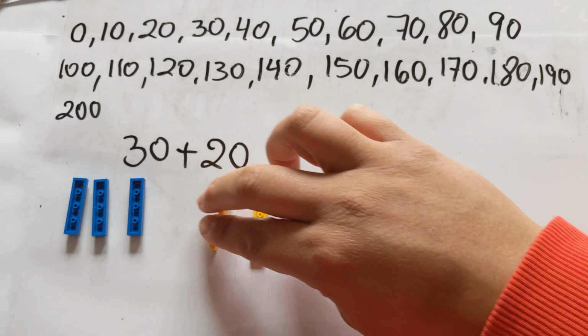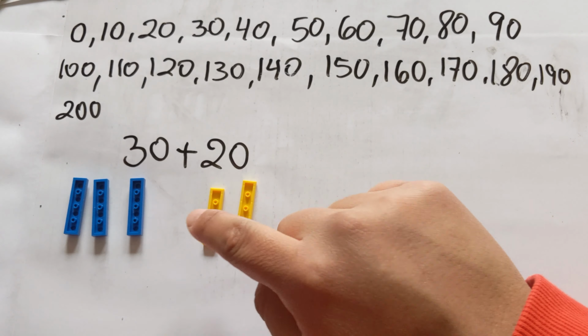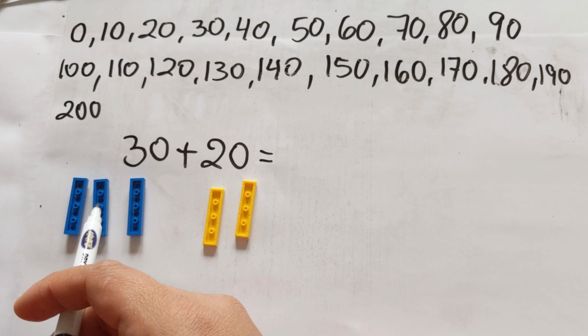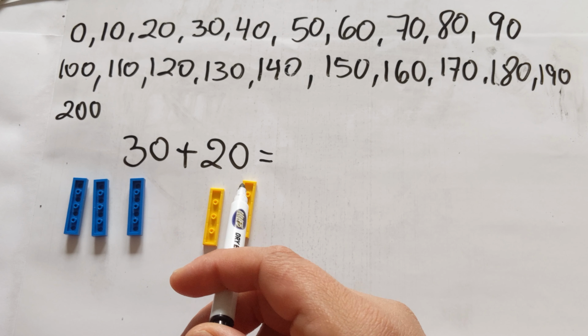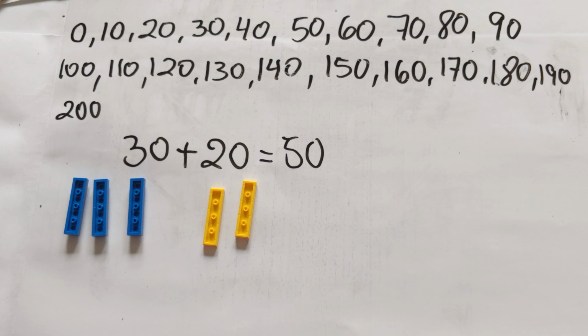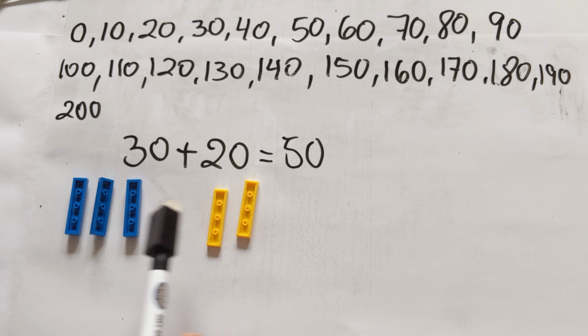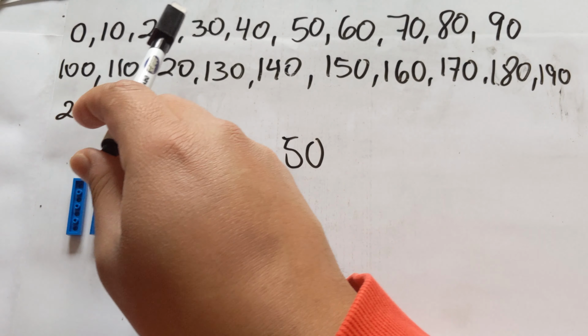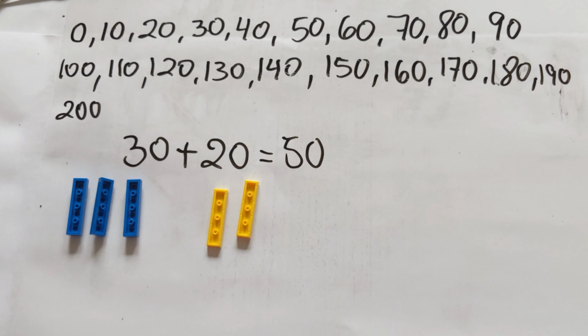And on this side we have 10, 20. So 30 plus 20 is 10, 20, 30, 40, 50. And that's what we have there. That's 50. Because I have 1, 2, 3, 4, 5. 10, 20, 30, 40, 50.